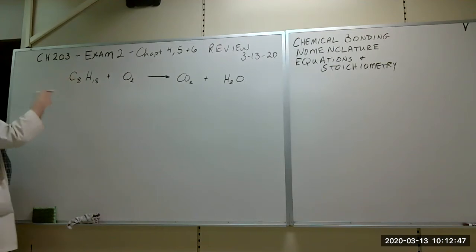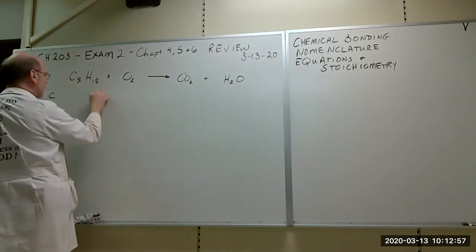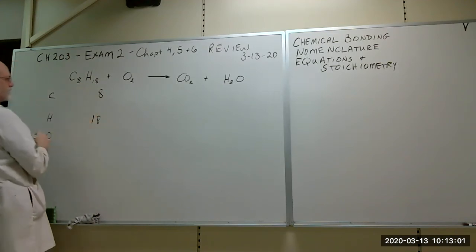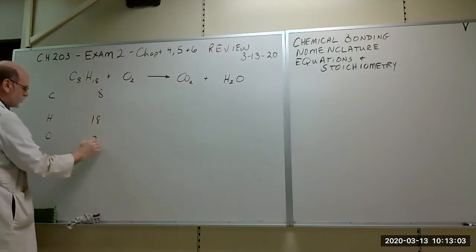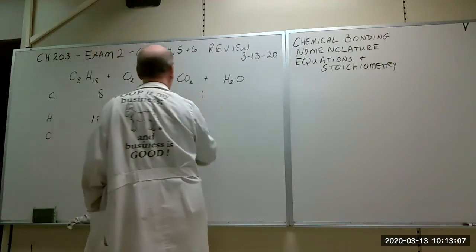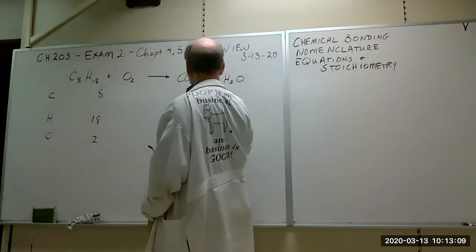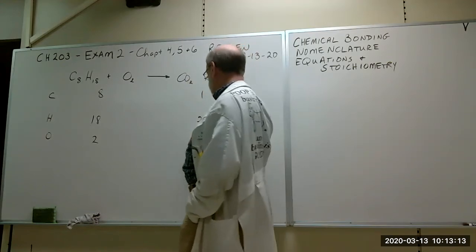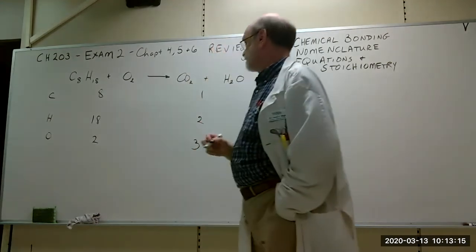So you count the elements, right? We have carbon, we have hydrogen, and we have oxygen. That's everybody. On this side, you have 8 carbons, you have 18 hydrogens, you have 2 oxygens. And on this side, you have 1 carbon, you have 2 hydrogens, and you have 1, 2, 3 oxygens.